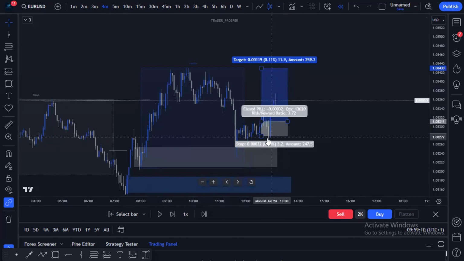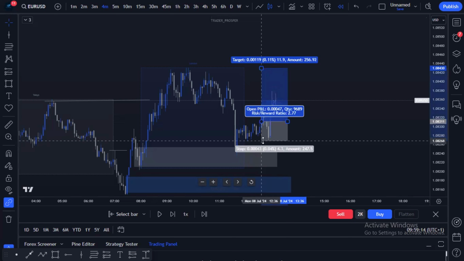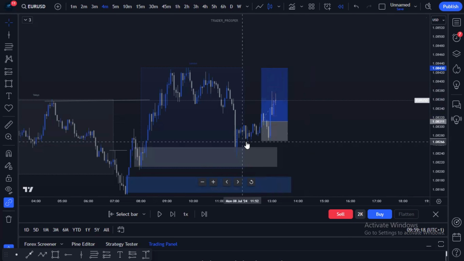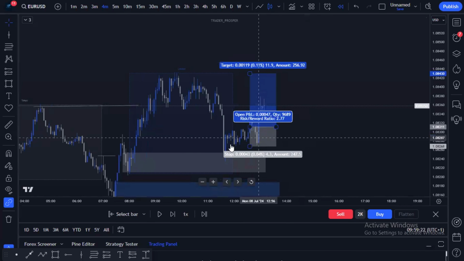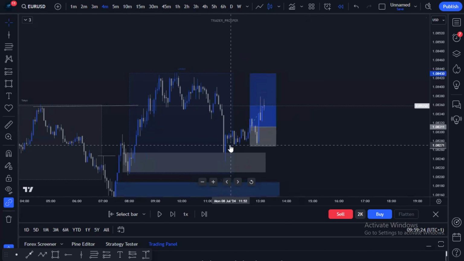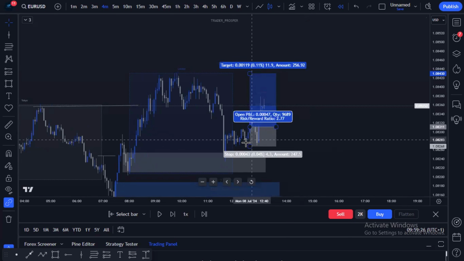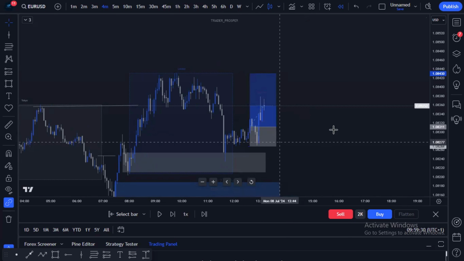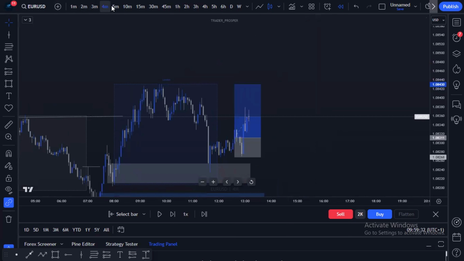If our stop loss was at this point here in the market, we wouldn't have been stopped out. So setting your stop loss also matters. I think my stop loss was set at this point. I can't remember, but somewhere here. If our stop loss was here, then trust me, we would have been stopped out in this market.